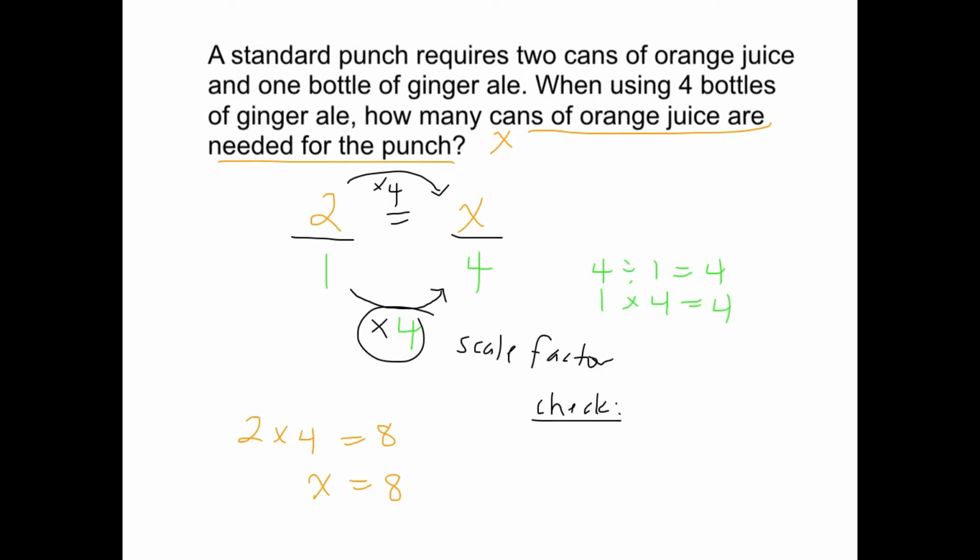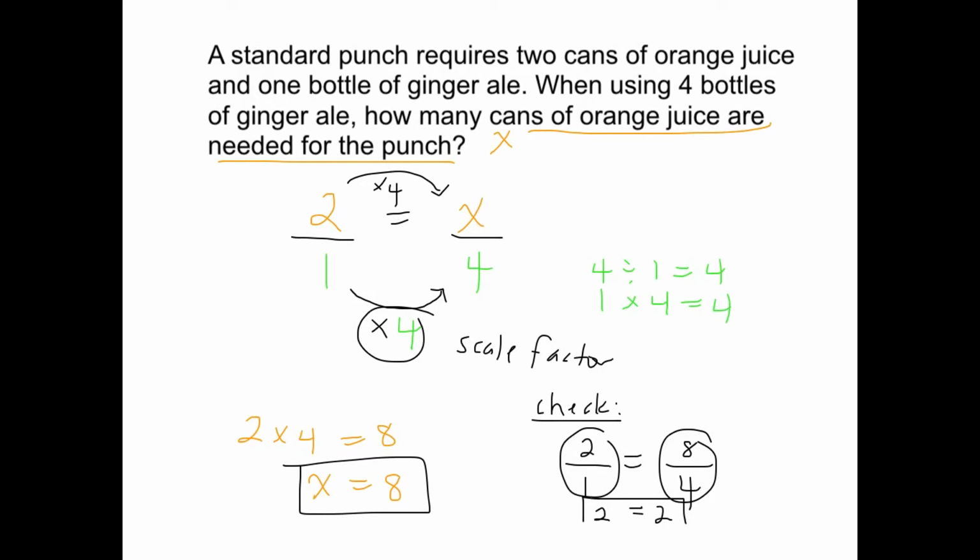We said that 2 over 1 is equal to 8 over 4. Are these fractions equivalent? Well, since 2 over 1 is equal to 2, and 8 over 4, or 8 divided by 4, is also equal to 2, these two fractions are in fact equivalent. So we've just found the number of cans of orange juice that are needed for the punch.